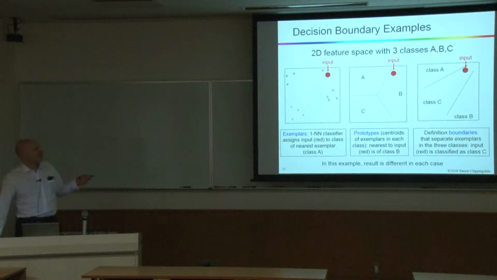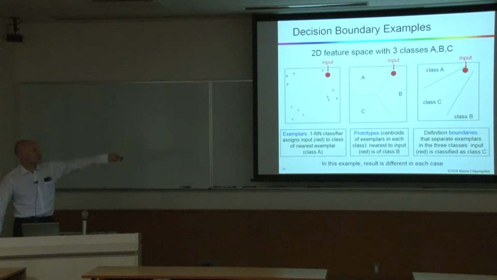Finally, we can define boundaries according to some kind of parametric model. Here are some lines, some boundaries that separate these classes. You'll see that all these A examples are up here, all the B examples fall over here, all the C examples fall down here.